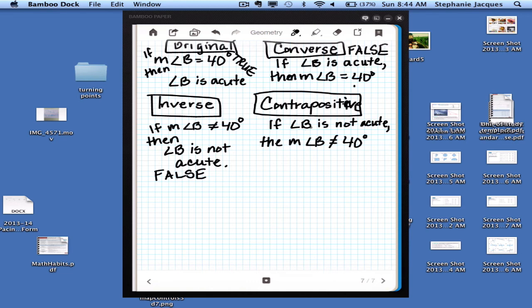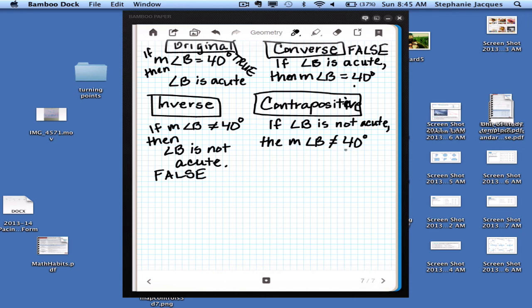If angle B on the contrapositive is not acute, then angle B does not equal 40. Is that true? Because if angle B is not acute, it could be any other thing. It could be right, it could be obtuse, it could be straight.